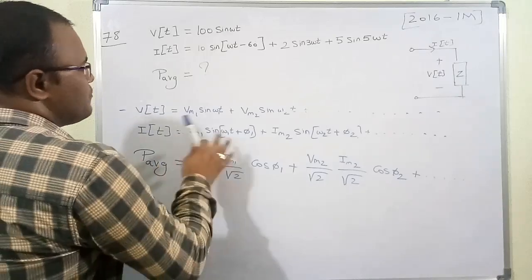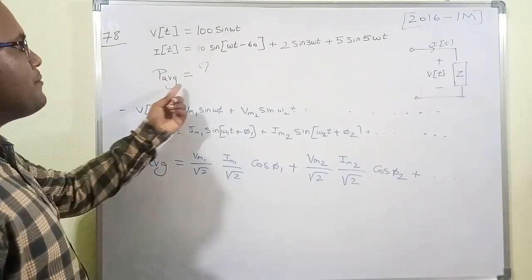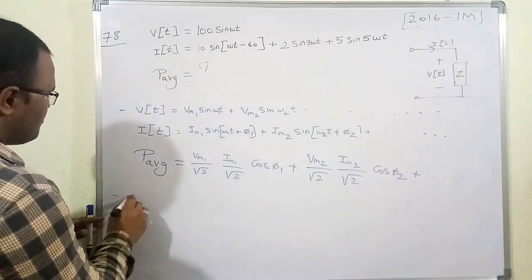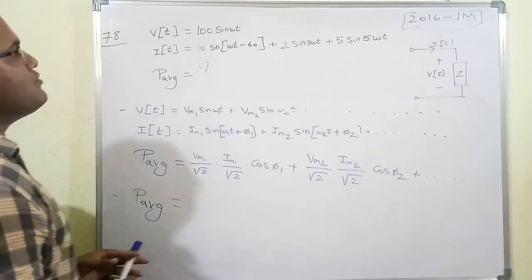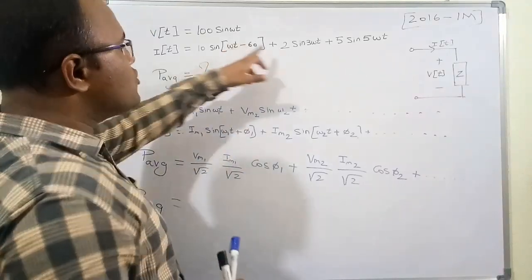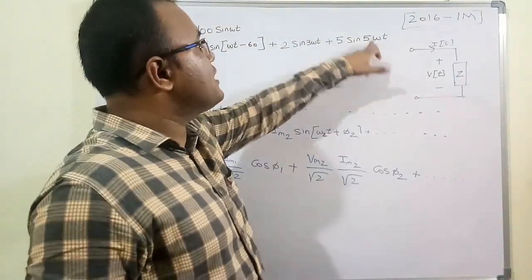So now with this basic formula, we will try to find the average power consumed by the load. If you see carefully, there is only sin omega t in the voltage.